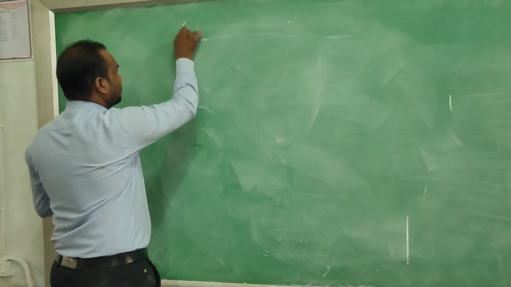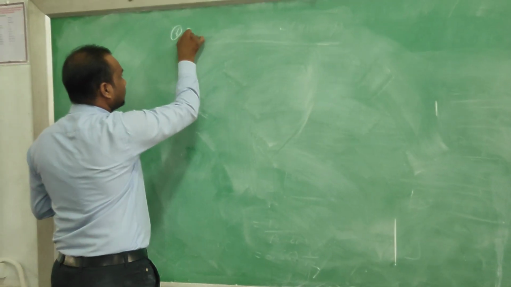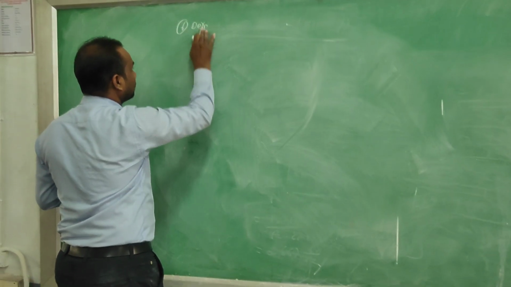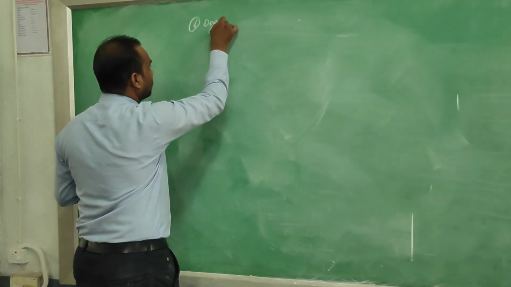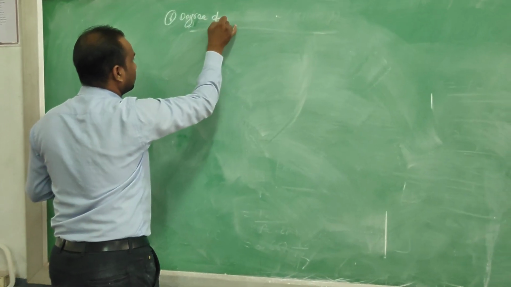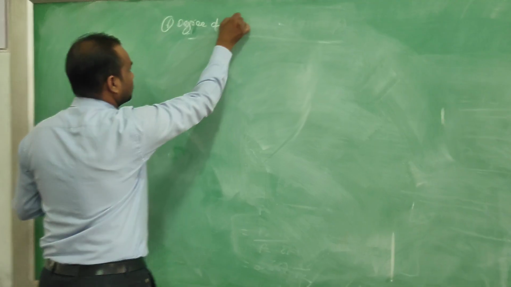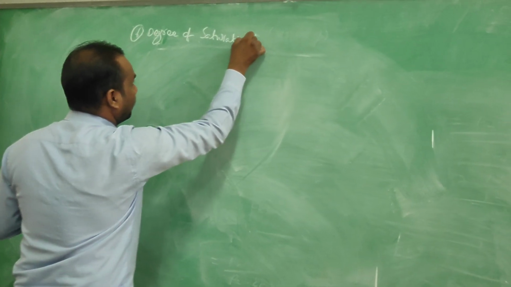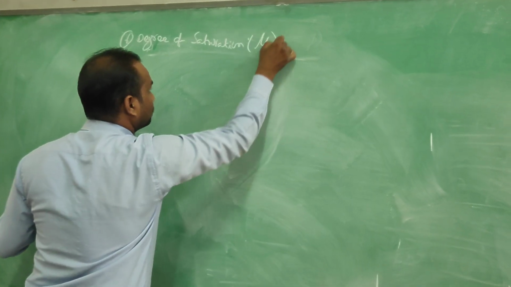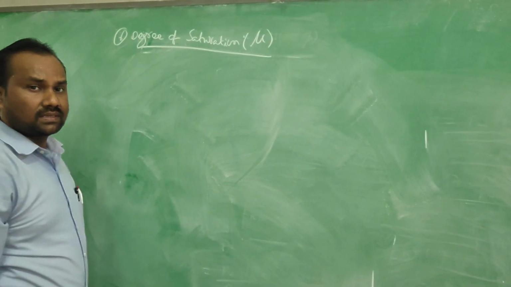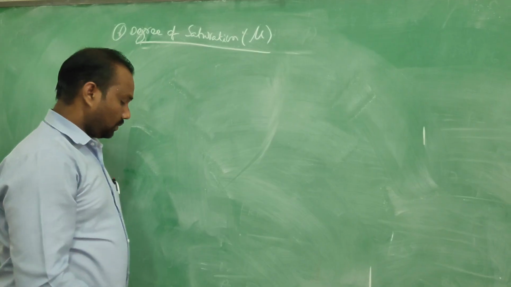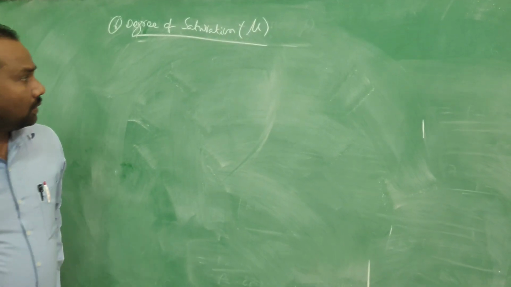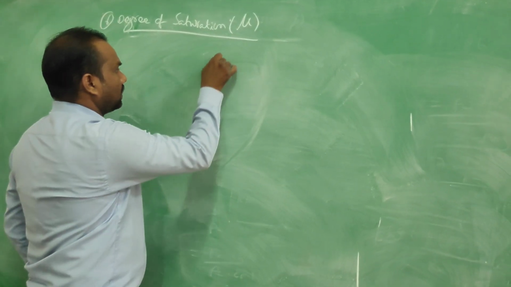Then we have another psychrometric property called degree of saturation, and it is represented by the letter mu. So what does degree of saturation mean?